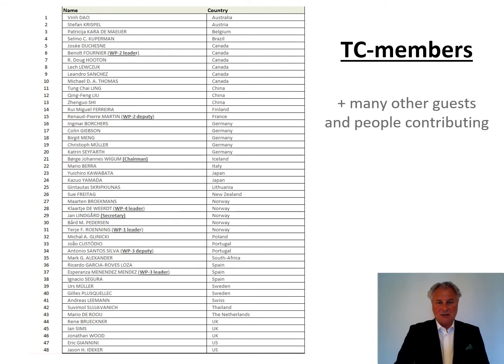As you can see, we have many people from Canada, but also from the US, and of course a lot from Europe, but also Asia, and so on. So it's been a very good group, in my opinion, and it's the leading scientists on a global scale.